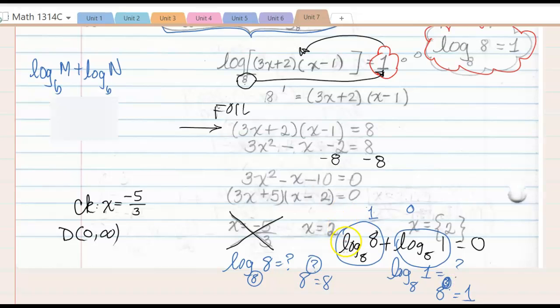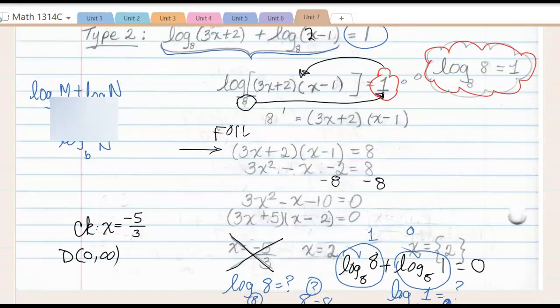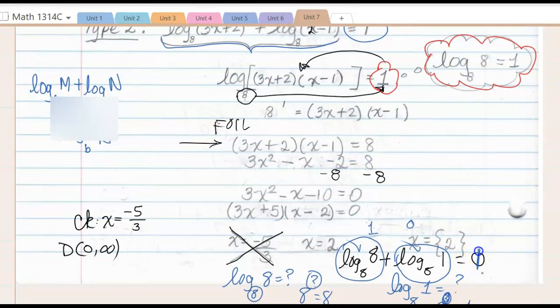So that's how I know that this is equal to 1 and log base 8 of 1 is equal to 0. When I add them, they're going to equal 1, which is what our original problem said it would equal. So it actually works. So then we find that our solution is going to be x is equal to 2. And that concludes this video.